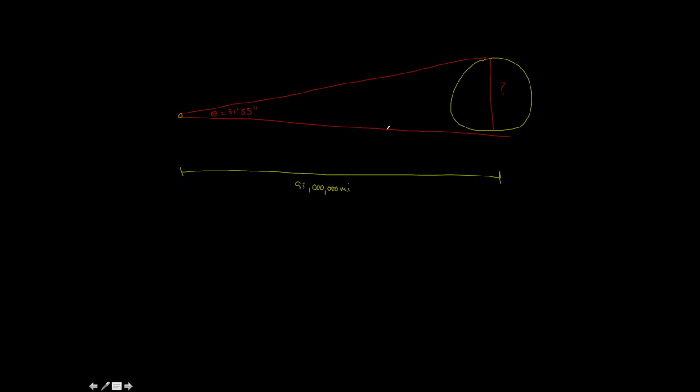Well, and we want to find the diameter. Now, what does this diameter represent here? This is diameter, but this diameter is also, in this particular case, the arc length. It is also the arc length with this central angle made with the surface of Earth. Okay? So it would also be our arc length.